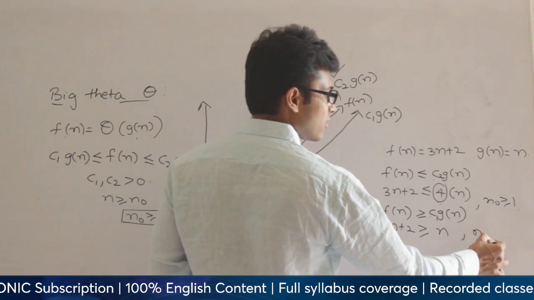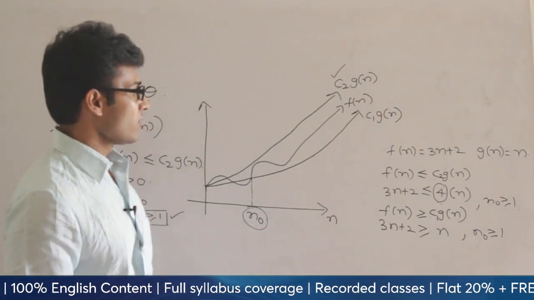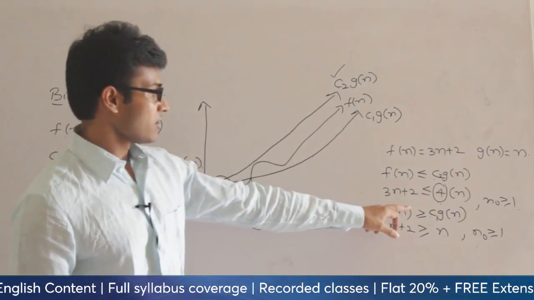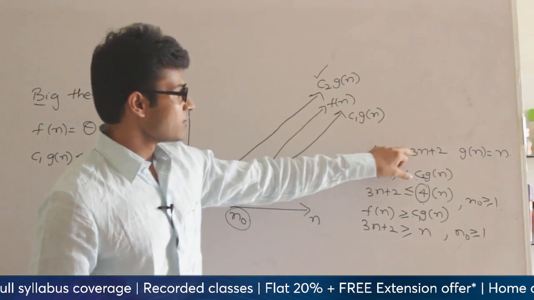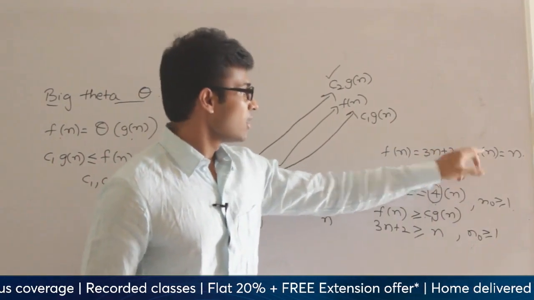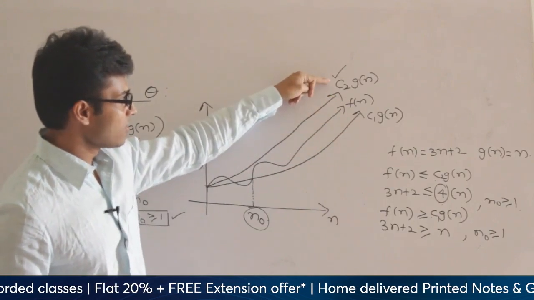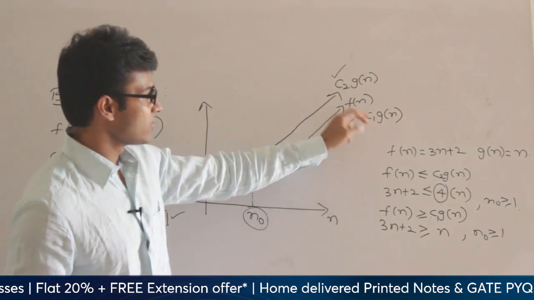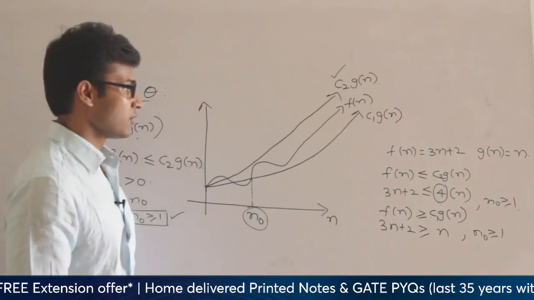Then for all values of n naught greater than or equal to 1, I can say that f of n is greater than or equal to c1 into g of n, which means this 3n plus 2 is bounded by g of n both in the upper bound as well as lower bound. For the upper bound, c2 is equal to 4, and for the lower bound, c1 equal to 1, and both the cases are valid for n naught greater than or equal to 1.